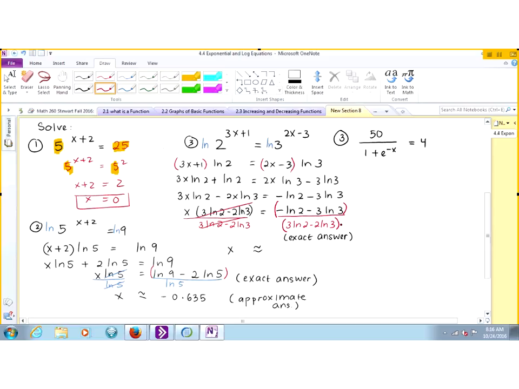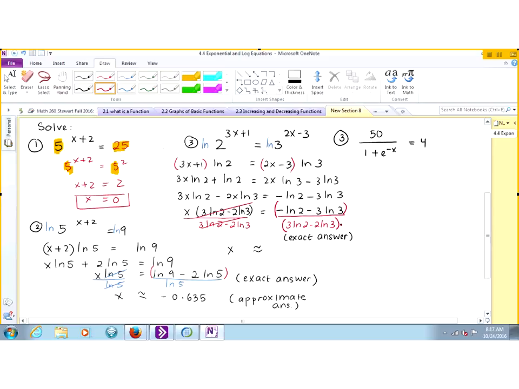Oh, I forgot to put parentheses in the beginning, so let me go back. Where's my insert? Okay. So negative ln 2 minus 3 ln 3, parentheses, divided by, open parentheses, 3 ln 2 minus 2 ln 3. And then close parentheses.